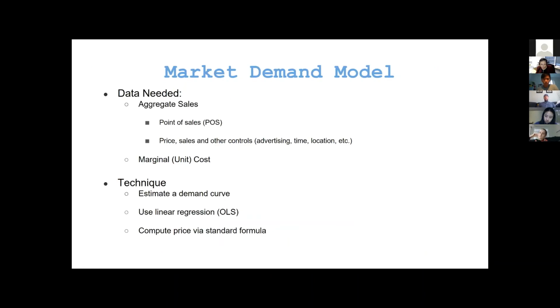I'm going to show you an example with some real data of exactly these two principles.